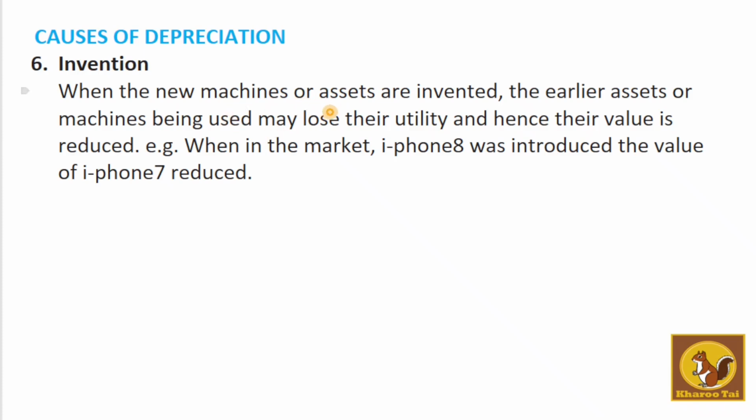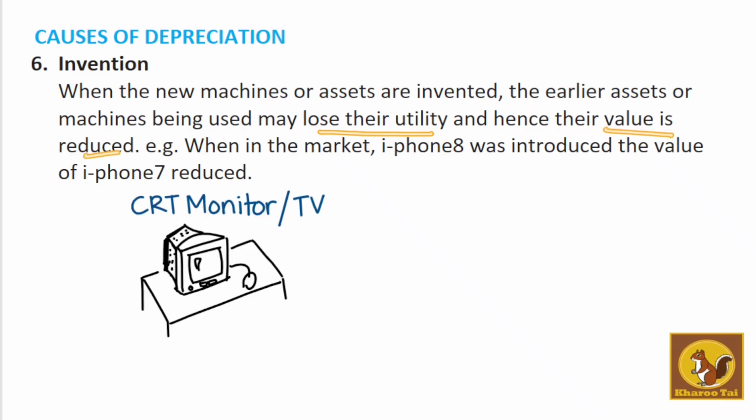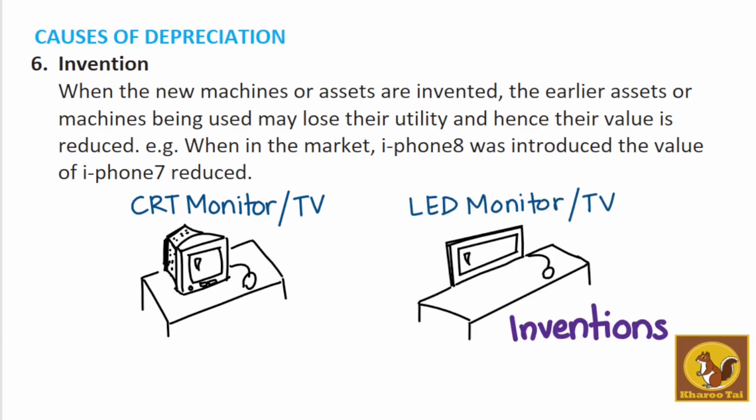When new machines or assets are invented, the earlier assets or machines being used may lose their utility, and hence their value is reduced. Now, for example, earlier we used to have computers with CRT monitors, we used to have CRT TV, right? And now everywhere you are seeing flat TV, flat LED monitors.